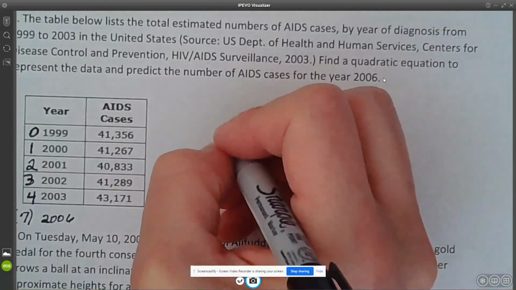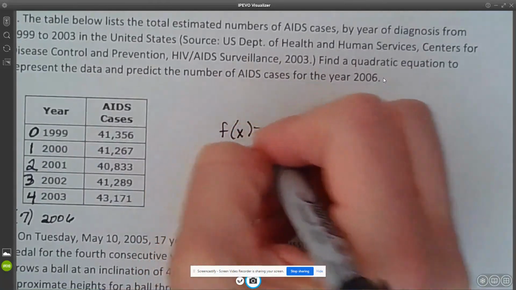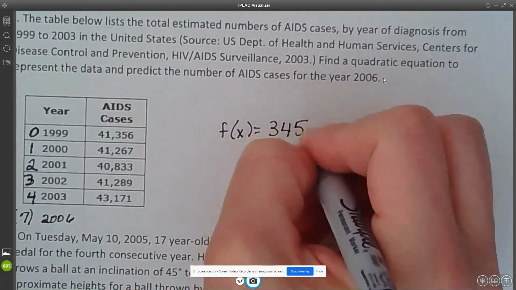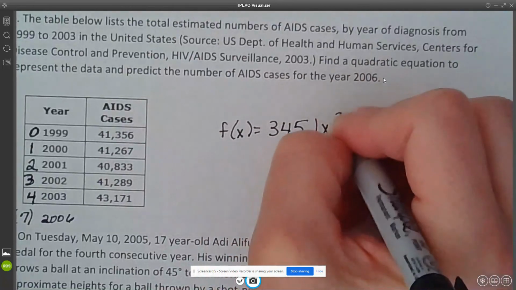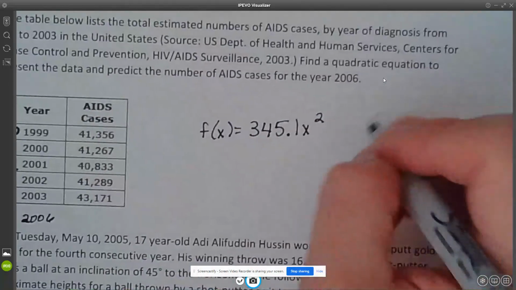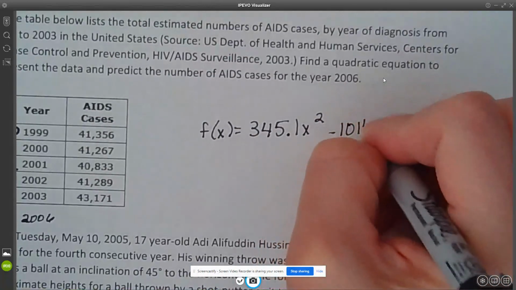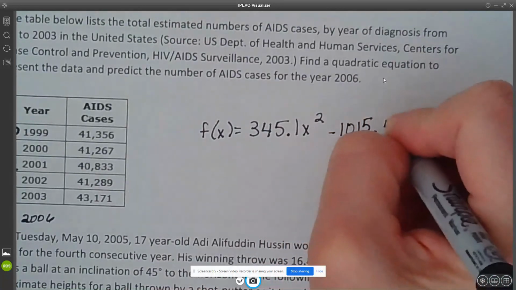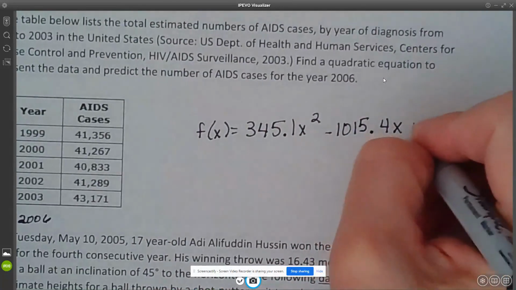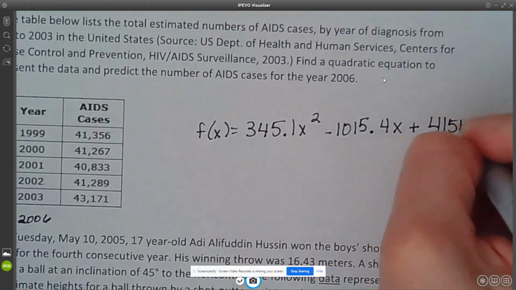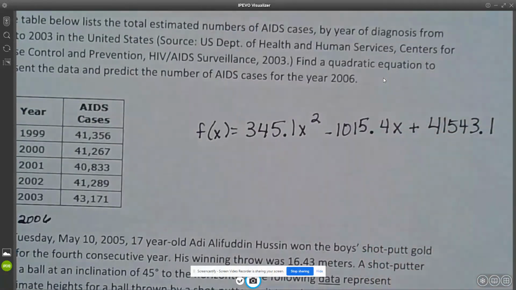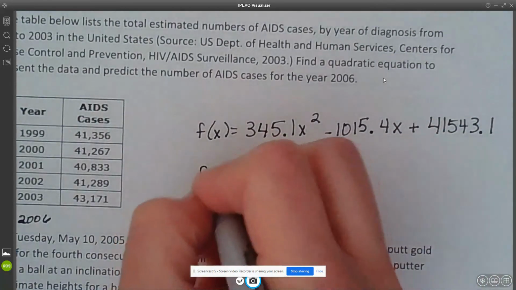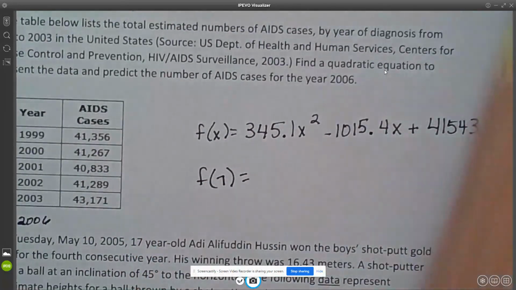So our equation, let's go back. It was f of x equals 345.1x squared minus 1015.4x plus 41,543.1. That was our equation, and now we're finding f of 7.